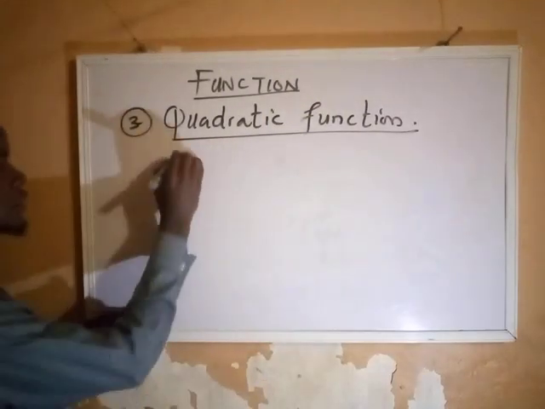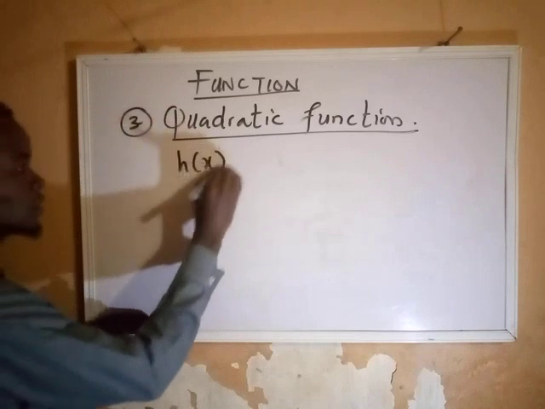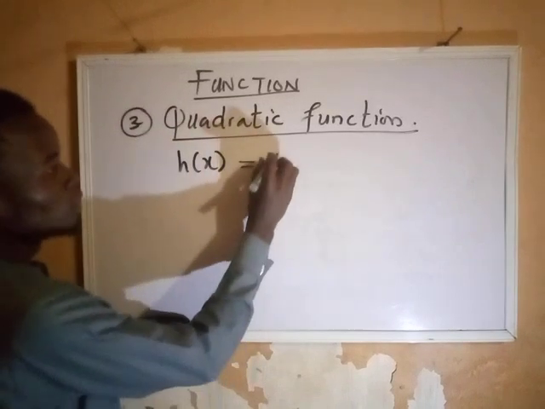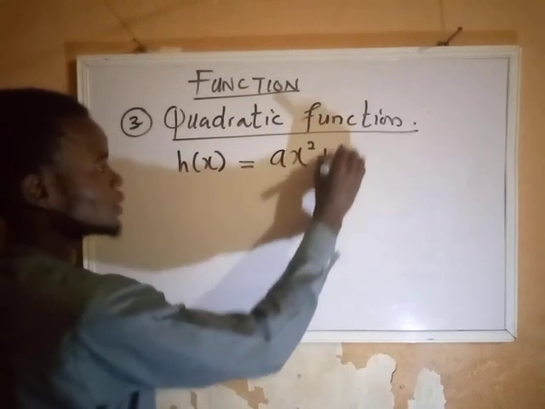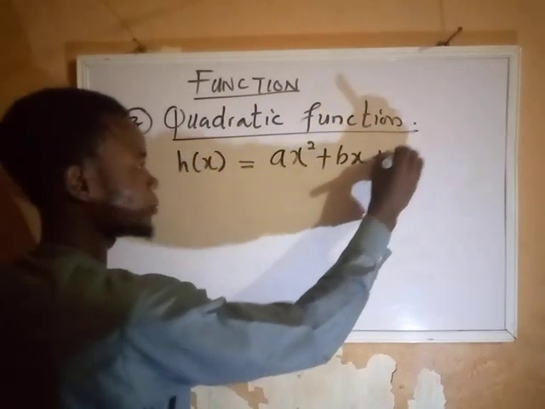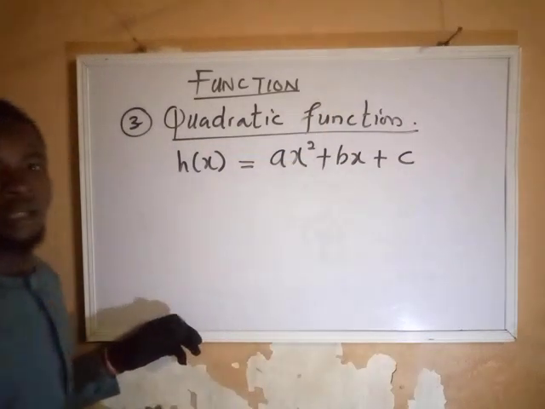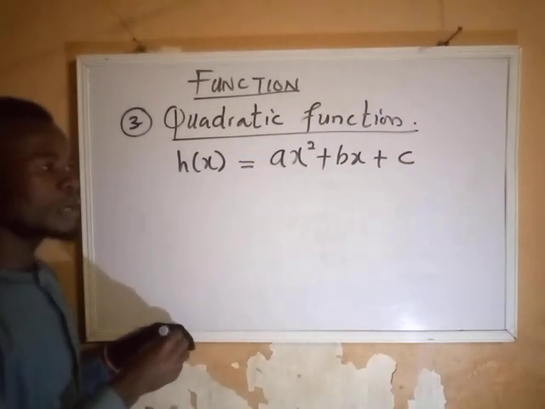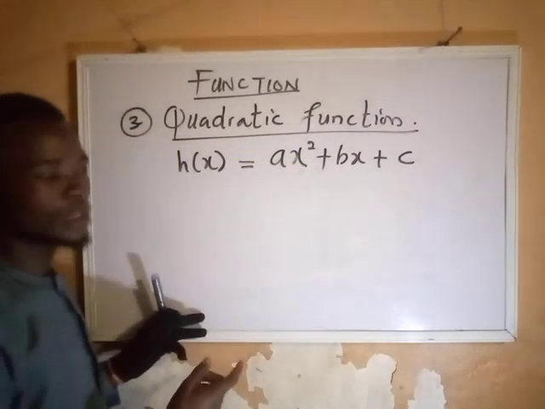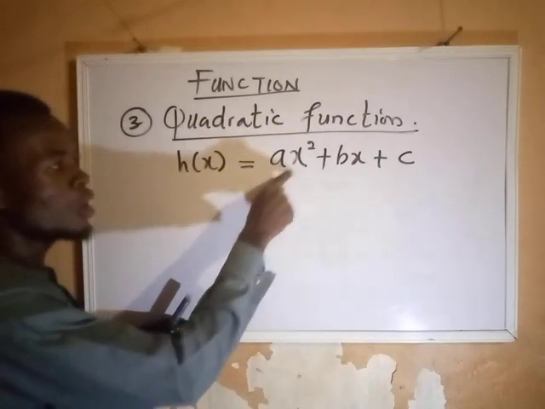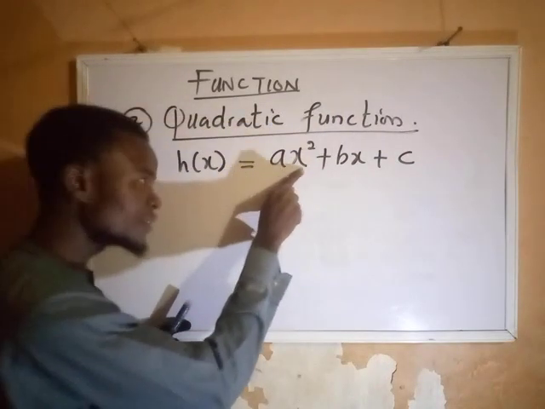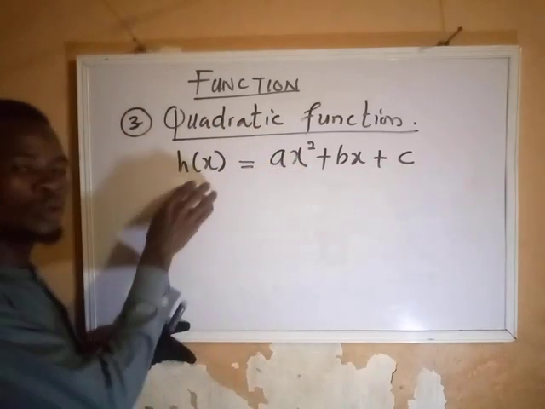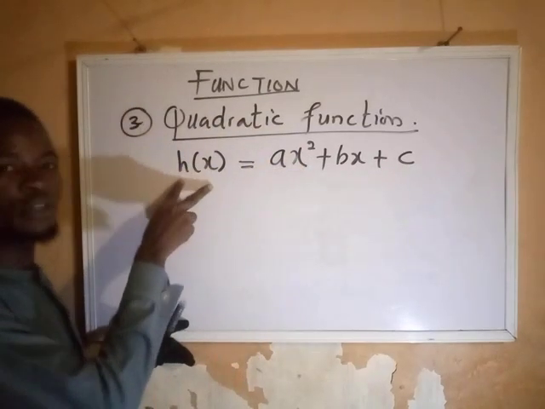For instance, given h of x equals ax squared plus bx plus c. This is a typical example of a quadratic function because the highest power of one of the variables here is 2, and this variable is the one enclosed in the bracket at this side of the function.